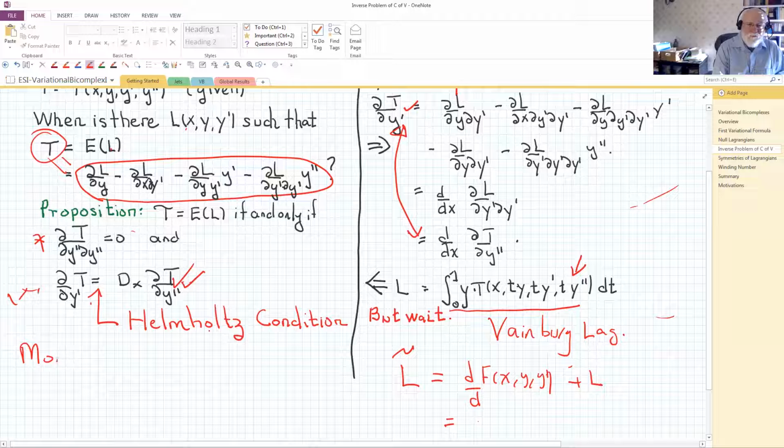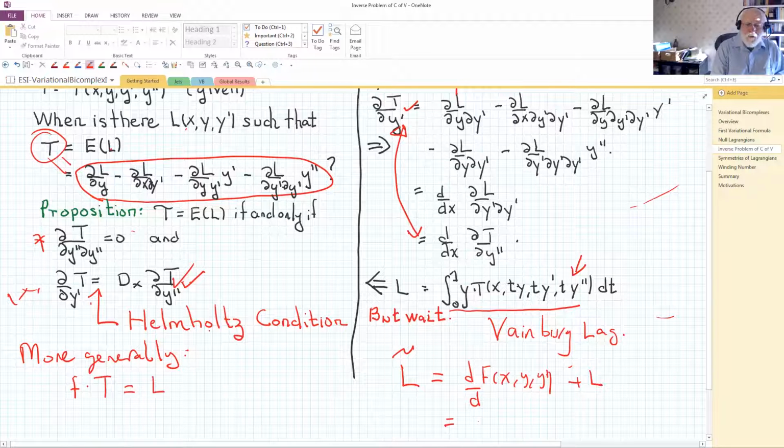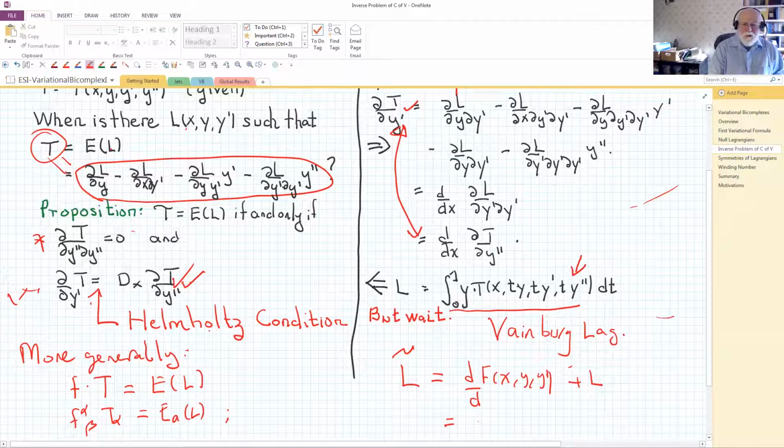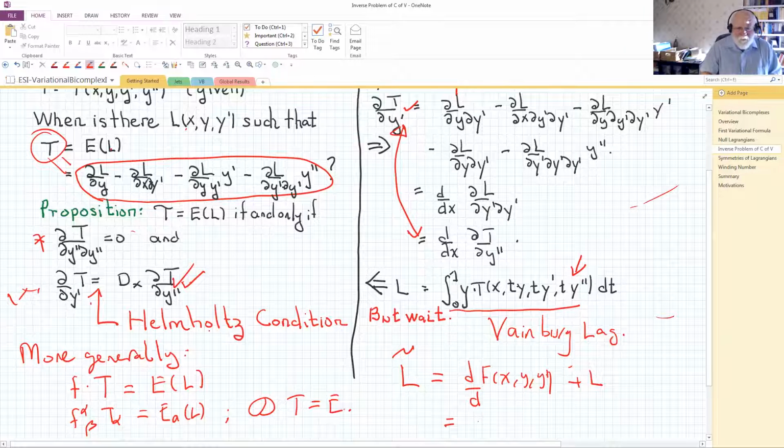The more general question is the following. Maybe I have to multiply f by a function to make it E of L. Or if I have a system of equations, maybe I have to have a matrix multiplier to get an E of L. Or maybe I want the function matrix to be invertible, or maybe I could ask for a differential operator to make E of L. So there are many variants of this.